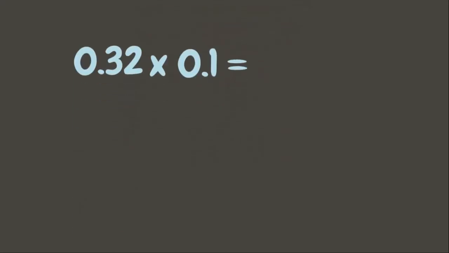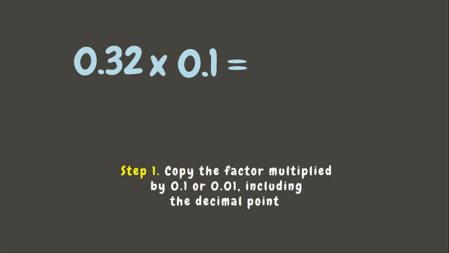Let's try another one. 32 hundredths times 1 tenths. In multiplying decimals by 1 tenths or 100ths, the first thing that we need to do is to copy the factor multiplied by 1 tenths or 100ths, including the decimal point. There.